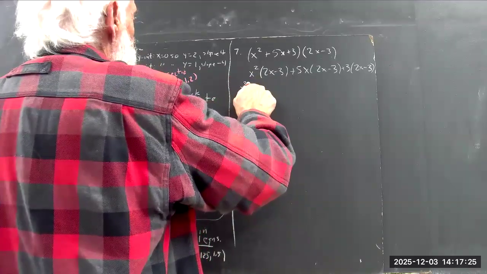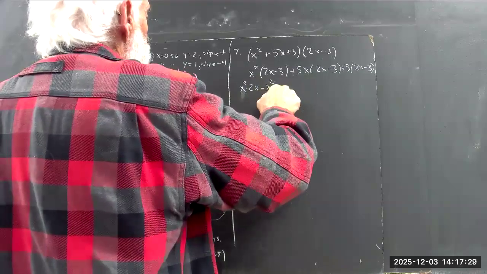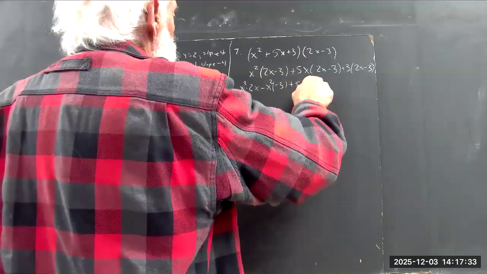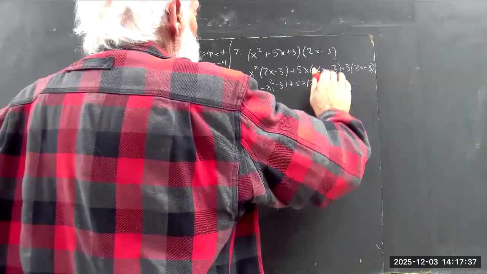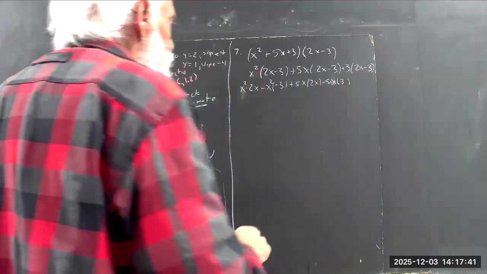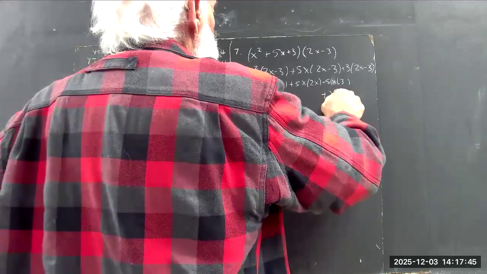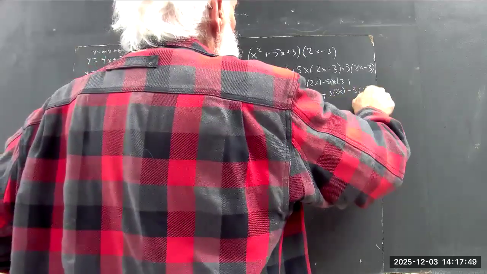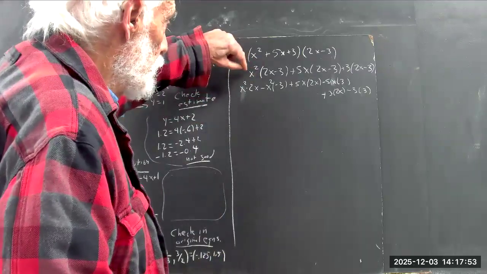It's x squared times 2x minus x squared times 3 plus 5x times 2x minus 5x times 3. And naturally, I run out of room here. 3 times 2x minus 3 times 3.